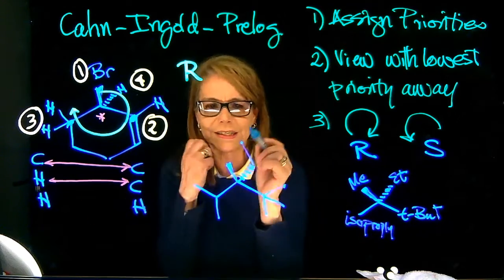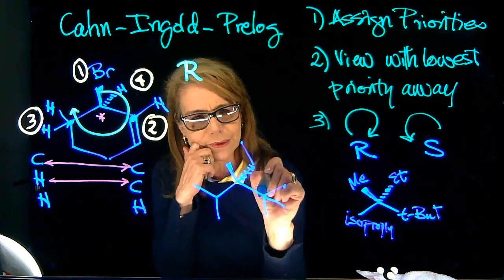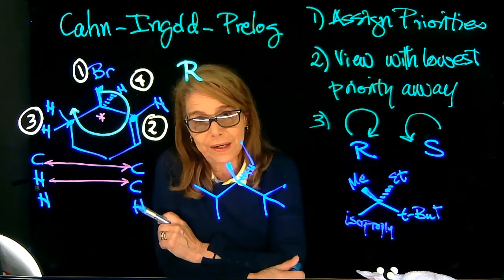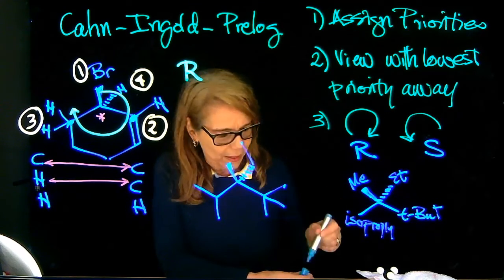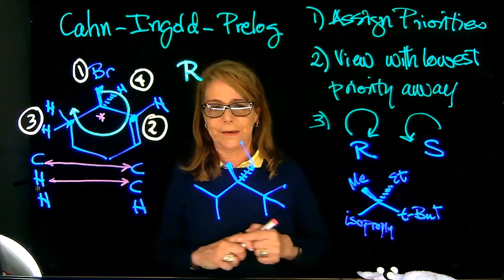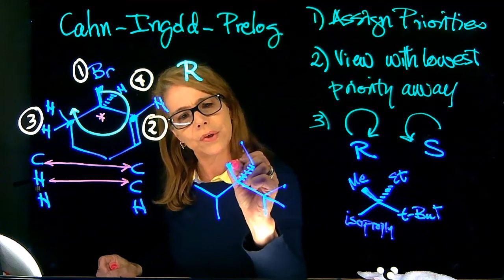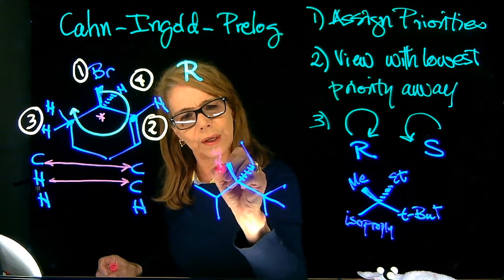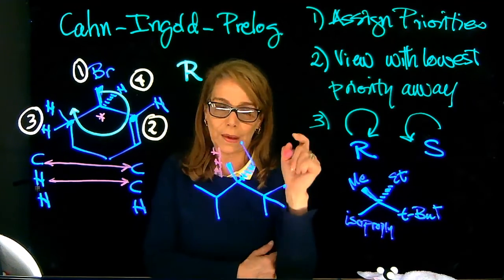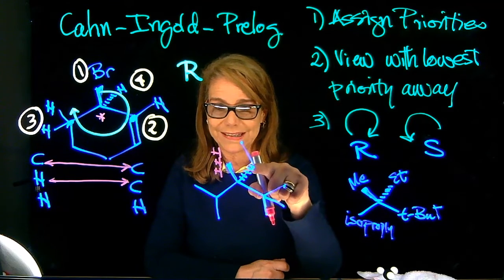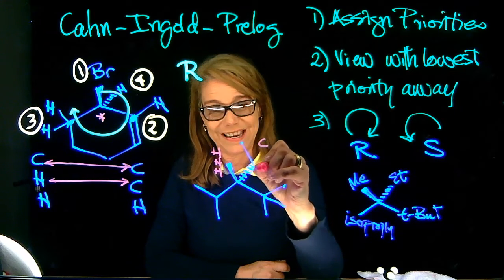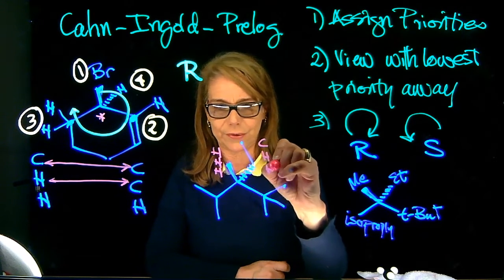All of those I see are carbon, carbon, carbon, carbon. Well, all of them are the same, so there is a tie. But analyzing what's attached to each one, this carbon has 3 hydrogens attached. The carbon here is attached to another carbon and two hydrogens, so carbon, hydrogen, hydrogen.